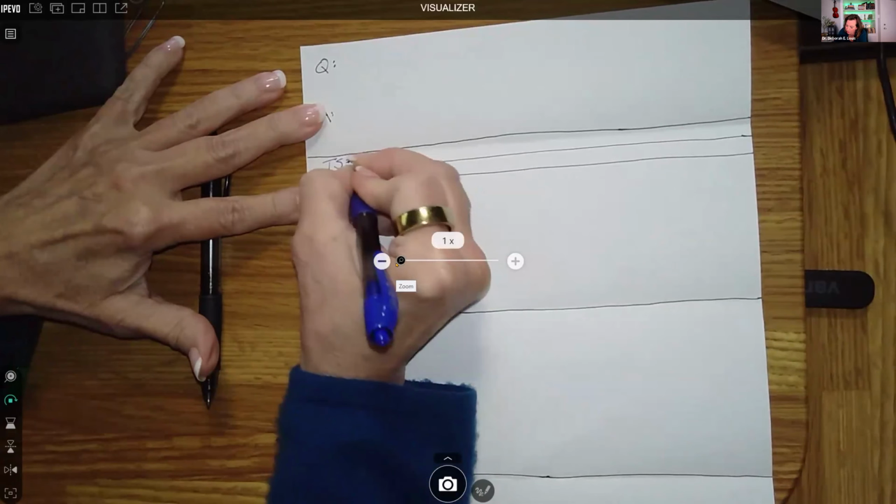I've got my black pen, and I'm going to write in the question, what is the most likely reason the author wrote the selection? This is the grade 6, 2024 SCR question.